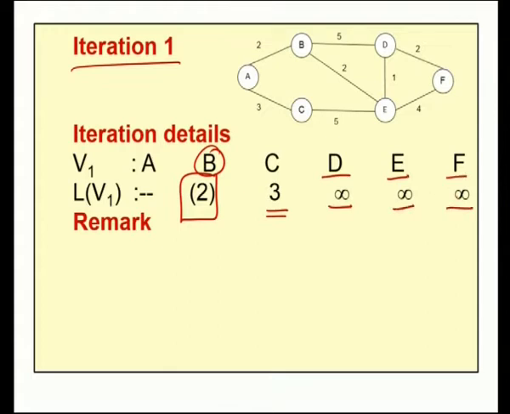So, our node B has a permanent label and the remaining nodes have a temporary label.